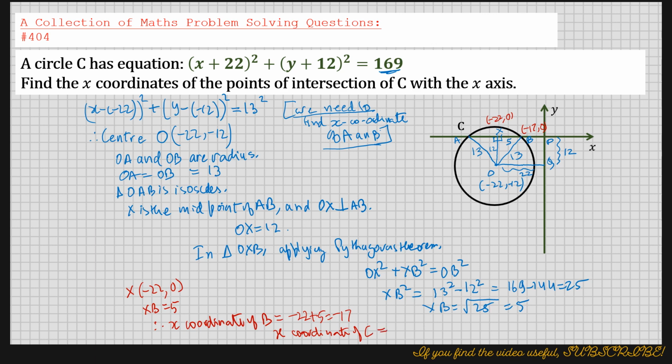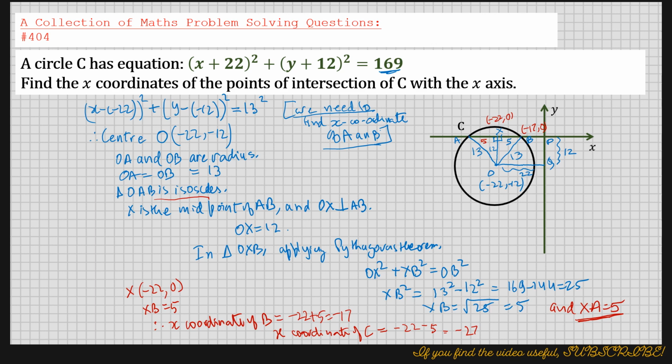Similarly, the x coordinate of A: XA is also 5, because the triangle is isosceles and OX is the perpendicular bisector. So the x coordinate of A is minus 22 minus 5, because it's going to be more negative, that is minus 27.